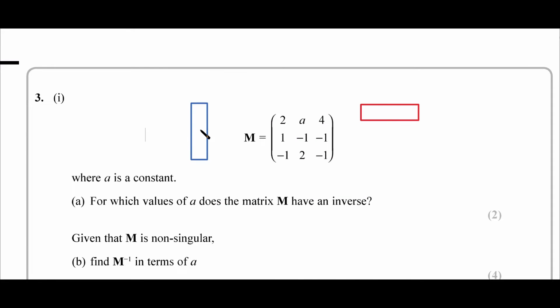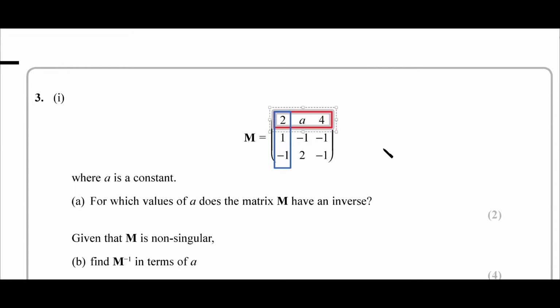I've got these two boxes, and for us to find the determinant, if I, for example, show the column in blue and the row in red, where the boxes overlap, we consider that value and then multiply it by the determinant of the rest.